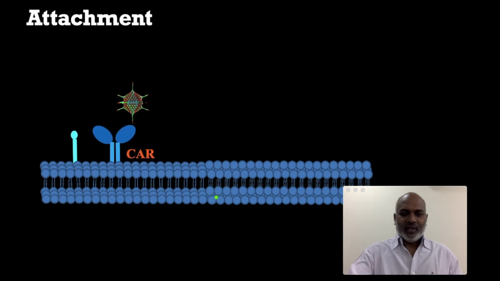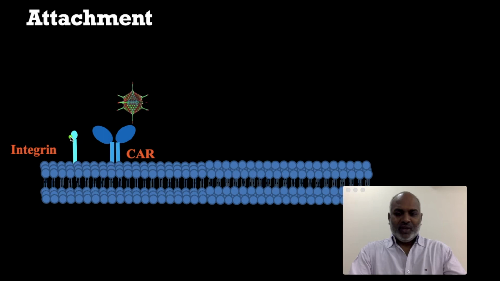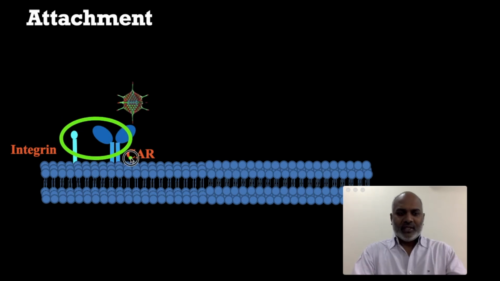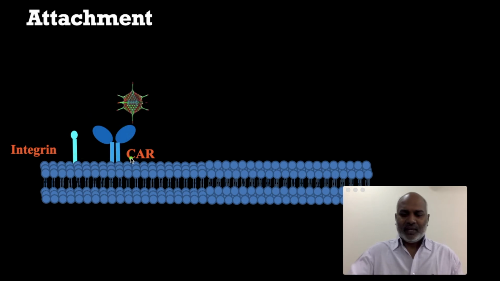Those are CAR and integrin. Integrin, we all know that it is involved in the cell-to-cell interaction. CAR means Coxsackie adenovirus receptor. Those two receptors are acting as an attachment site for the adenovirus.